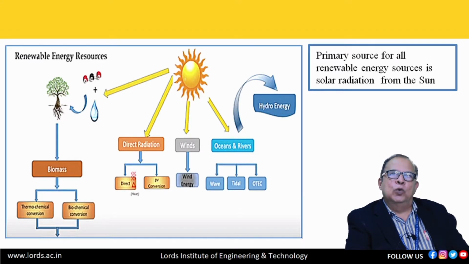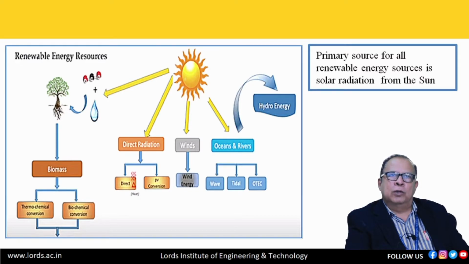Winds are also generated due to solar radiation heating the earth's surface unevenly. So we will see that. Using the kinetic energy in the wind, with a turbine and generator, we can generate electrical power.